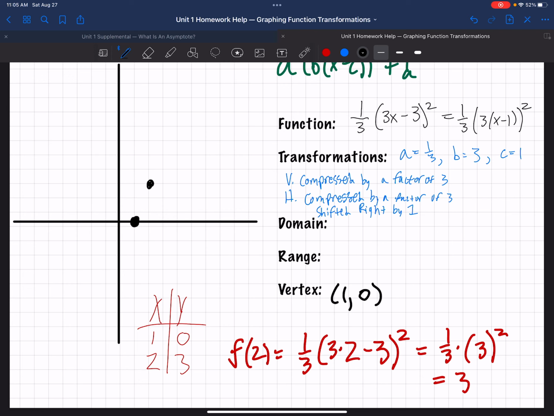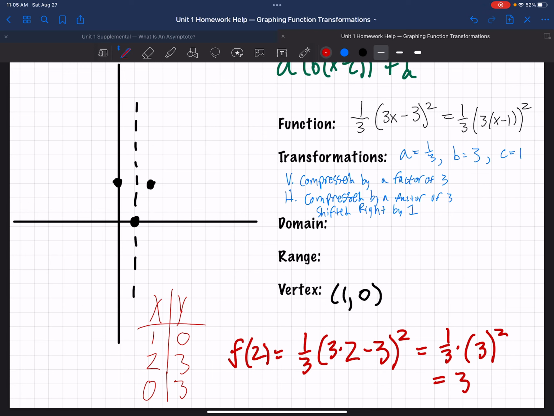And again, you can use that axis of symmetry and then just flip that point over, because you know that 0, 3 is going to exist.